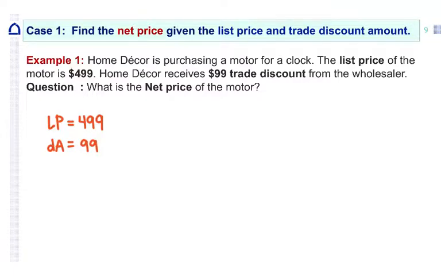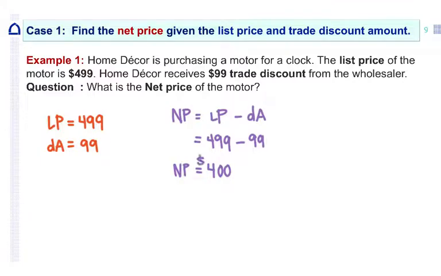What is the net price? So we can remember that the formula for net price is just the list price minus the discount amount. So we plug and chug those numbers into this basic formula, and we get that the home decor company will get the motor for a cheaper price of $400.